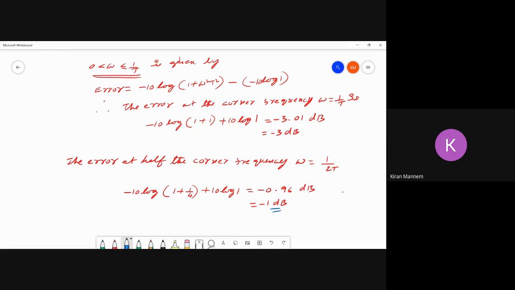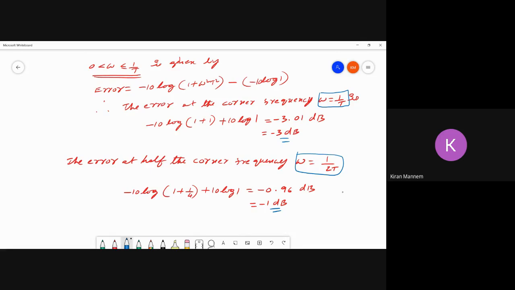Let us look at these values. When omega equal to 1 by t, that is at the corner frequency, you have minus 3 dB error, and when omega equal to half of the corner frequency, you have minus 1 dB error.